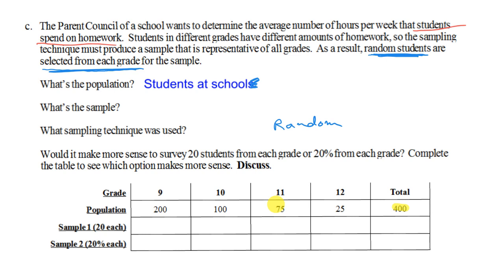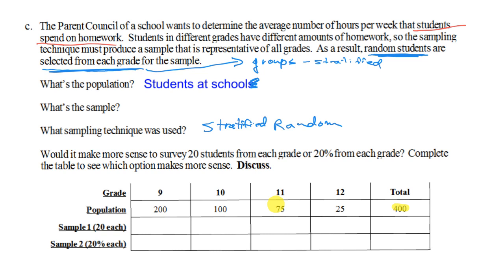But because we pick them from every group, so because we have random and we have groups, this means it is a stratified random sample. Now, the reason why it's stratified is because we get a certain number of students from each group that we have.